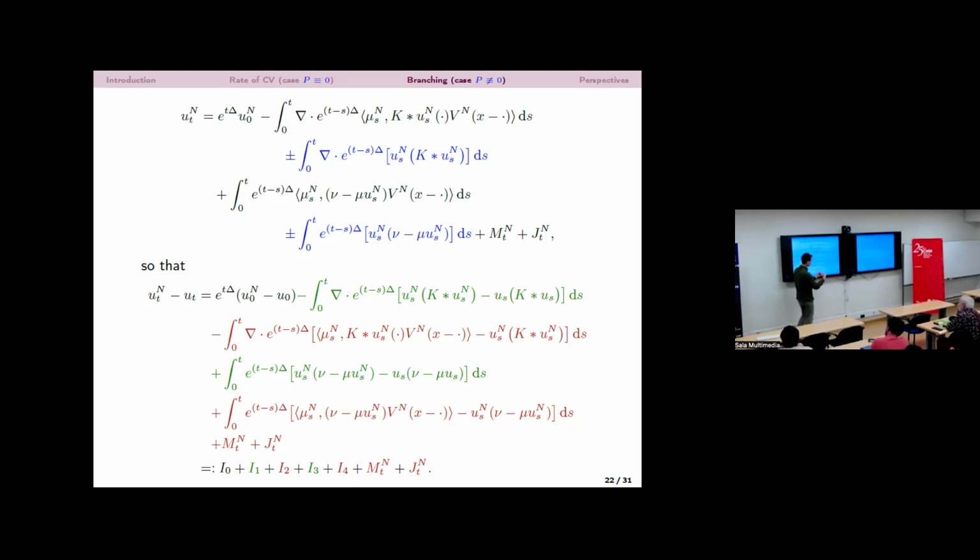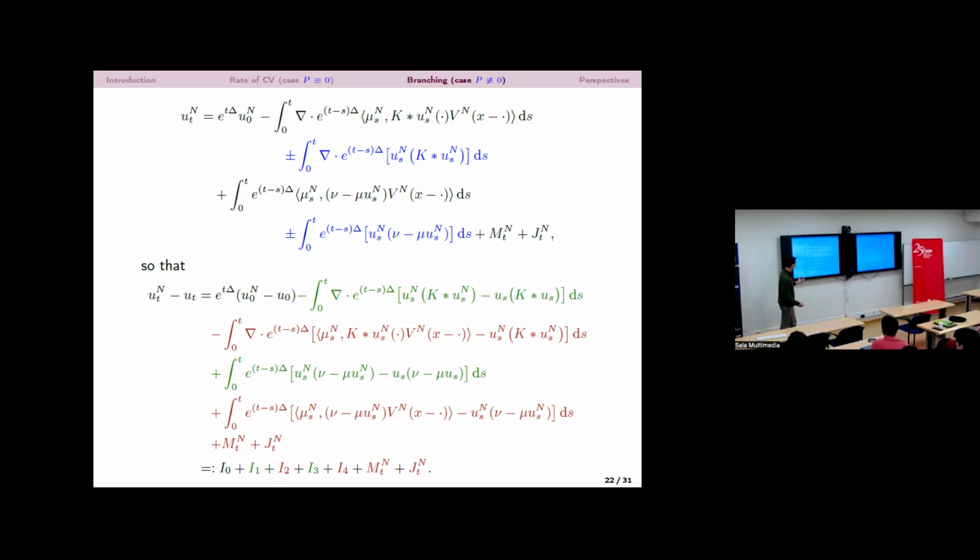If I work a little bit, I will have exactly the error I was talking about. There's no probability here. This is really an approximation result. It's not very surprising. Same here for the computation of the jumps.